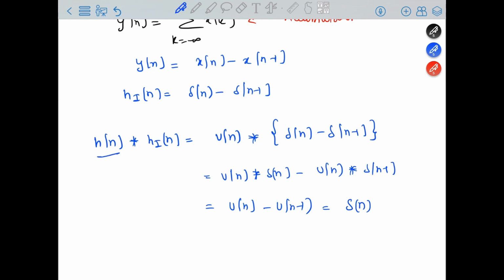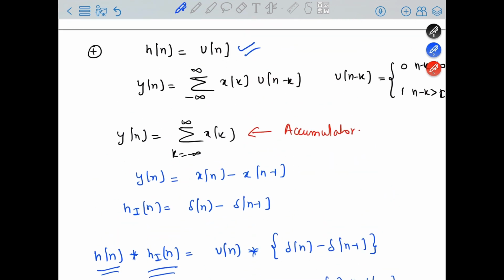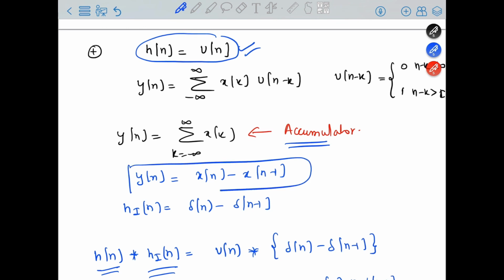So as you can see, the convolution of h[n] and the inverse h[n] is equal to δ[n]. This means that the inverse of this accumulator system is the expression y[n] equals x[n] minus x[n − 1].